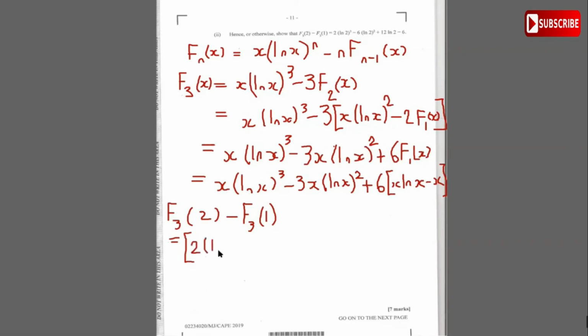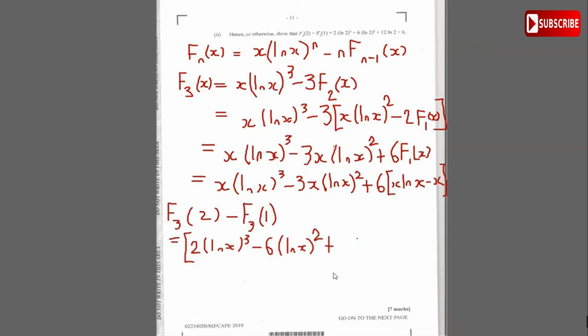ln x, and it is ln x being cubed, 2 ln x cubed minus, put x as 2, you get 6 ln x squared. Then you put x as 2 again, you get plus 6 times, you put x as 2 here, 6 times 2 is 12, so this is really plus 12 ln x.